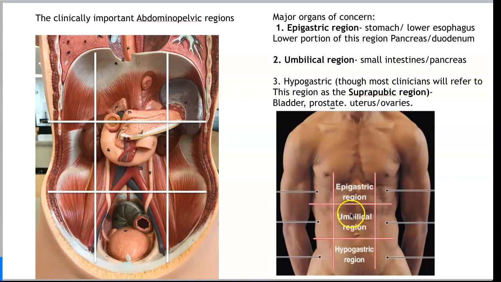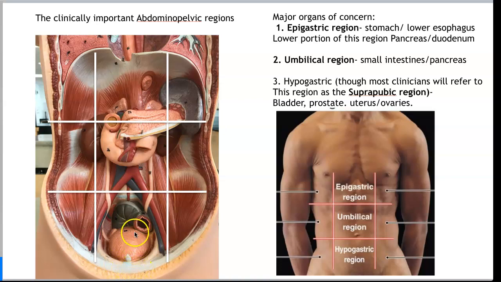So technically this could be the hypogastric region because it's below the epigastric. It's below the gastric. Anyway, if you want to remember this, you can. But if you are going to go into the healthcare profession, they are going to call this the suprapubic region. Supra, above the pubic. The pubic bone is going to be about right here.